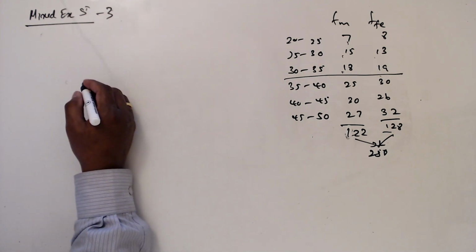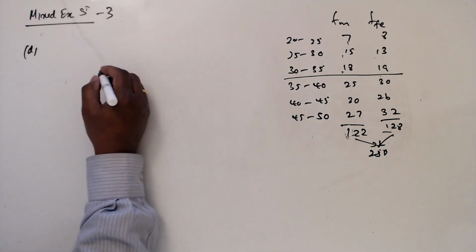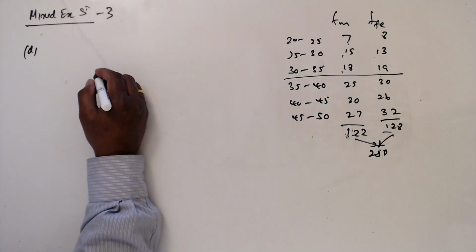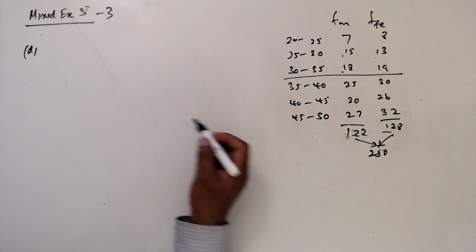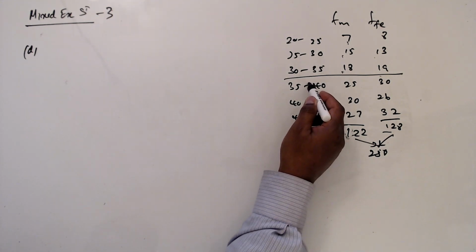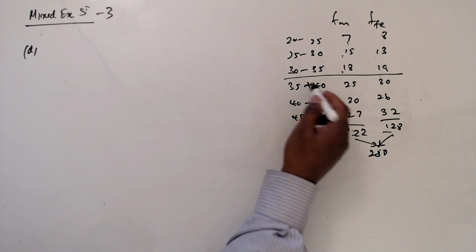Part D. In order to pass the test, the student must score 37 or more. So 37 or more, 37 is in here somewhere, and more.